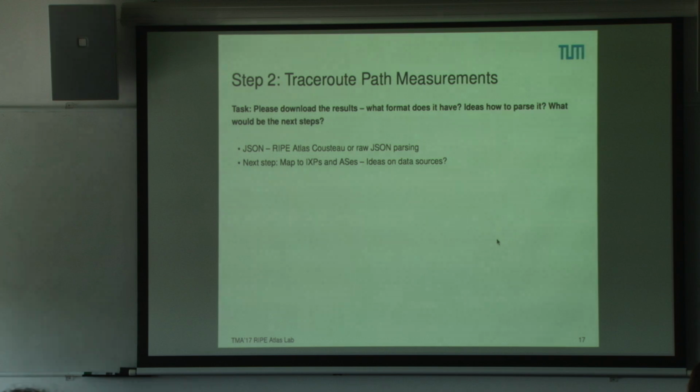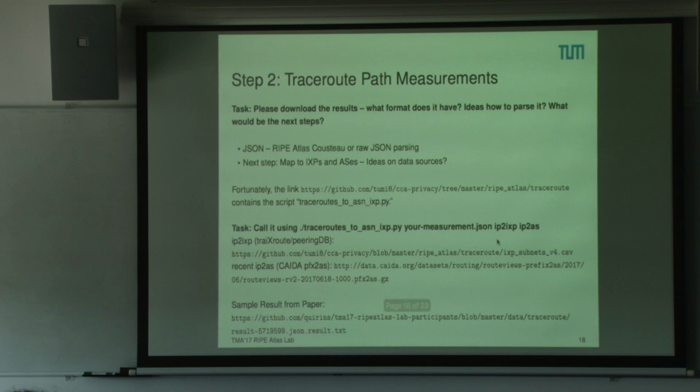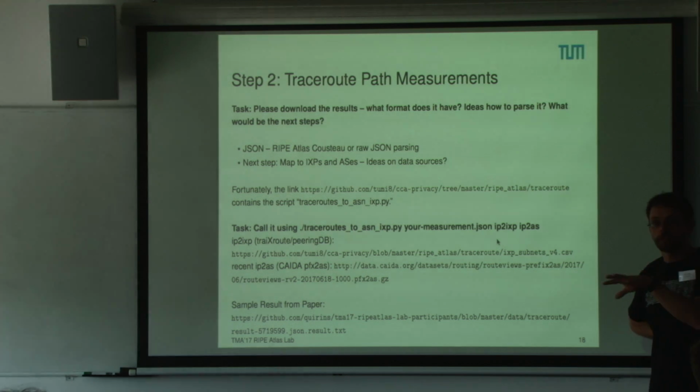I used the CAIDA prefix-to-AS and the PeeringDB/traceroute IXP subnets, but there are better ways to do it, though I think that will be a good start. And we will just skip it for now. If you're interested, the slides are in GitHub. Do people have measurements, traceroutes running already?